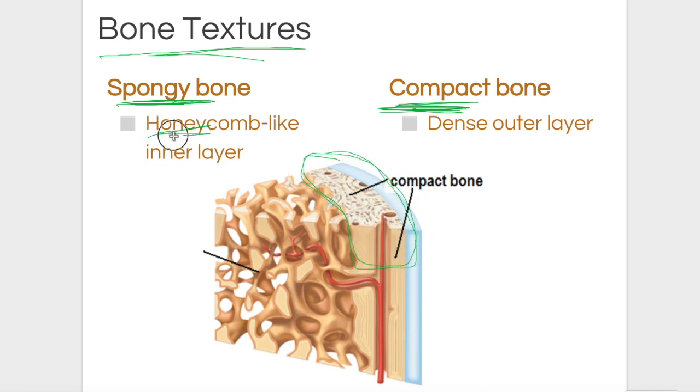And then the spongy bone looks a lot like a sponge. It's made up of these spindly, needle-like or flat-like components of bony material, which will allow for lots of different positions of pressure, while still having some spaces to allow blood vessels to pass.